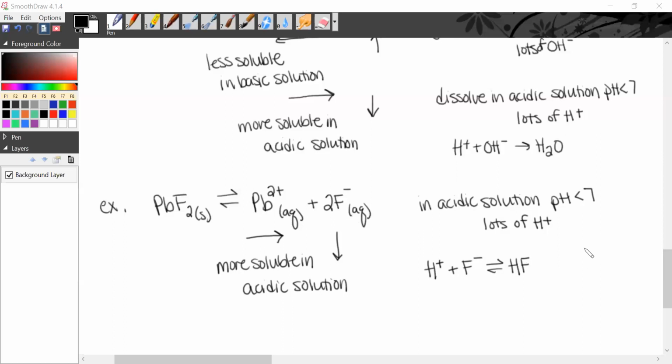So the question was, let's say you have this solution, and it has a pH of 6 or something, because you have a little bit of extra H+ in there. And then you go to dissolve this salt in it, PbF2. The question was, what's going to happen to the pH of this slightly acidic solution as this salt dissolves?